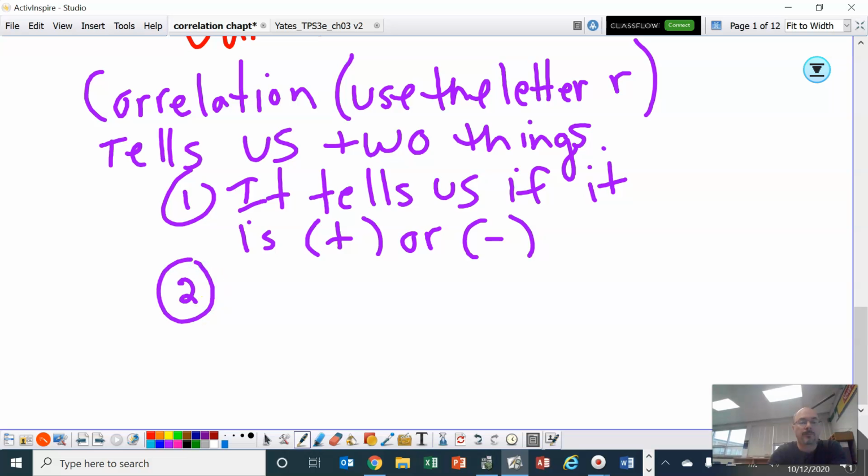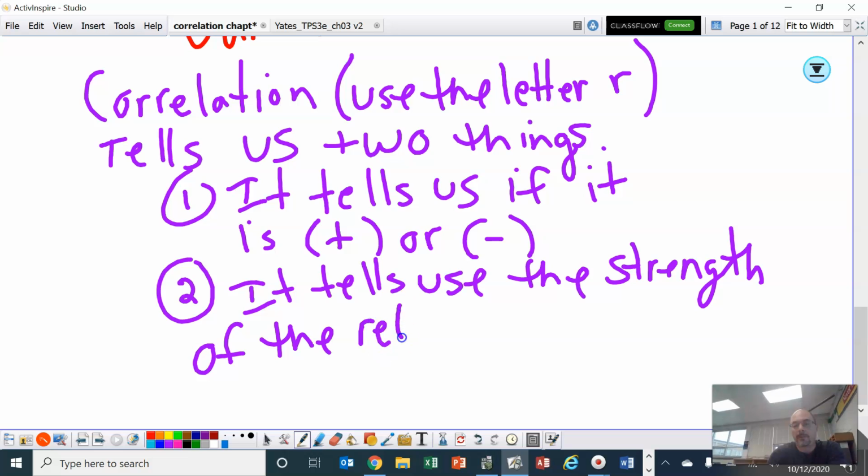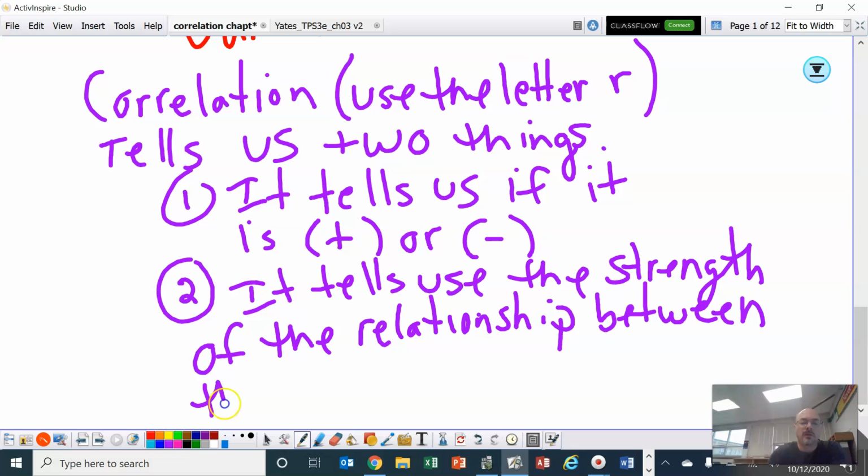Two, it tells us the strength of the relationship between the explanatory and response variable.